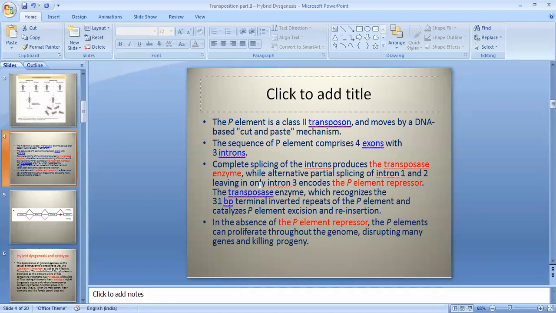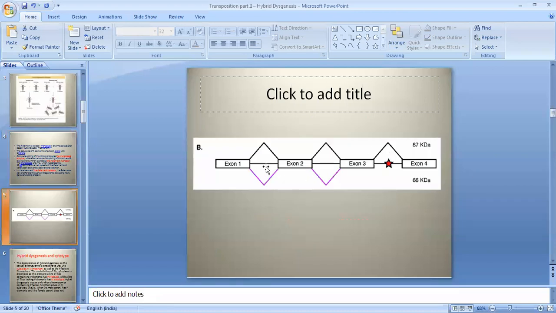Prokaryotic genes do not possess intron sequences, but eukaryotic genes possess introns, non-translating sequences in genes.